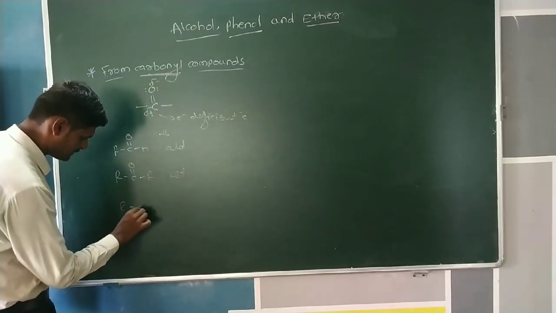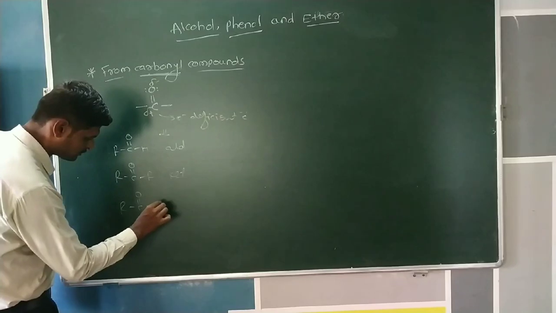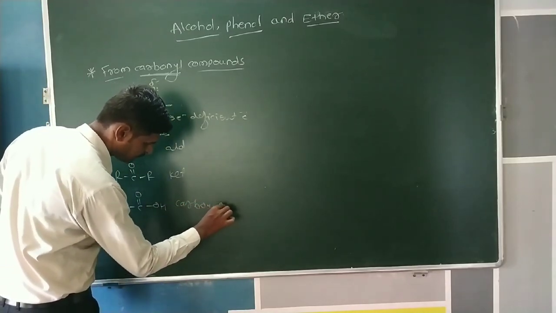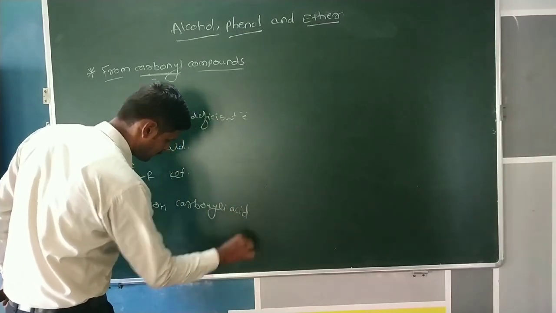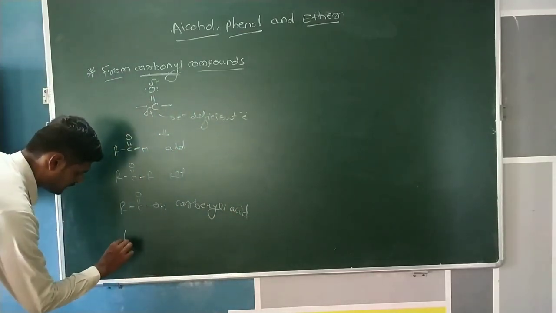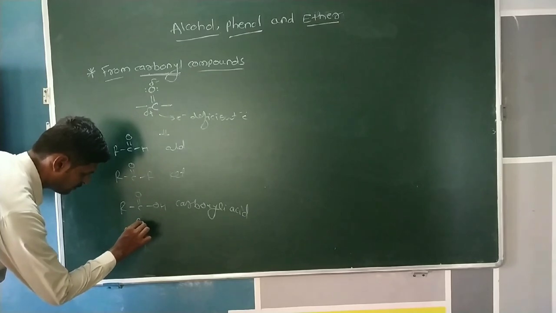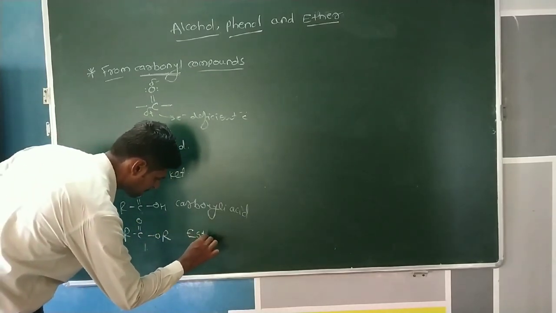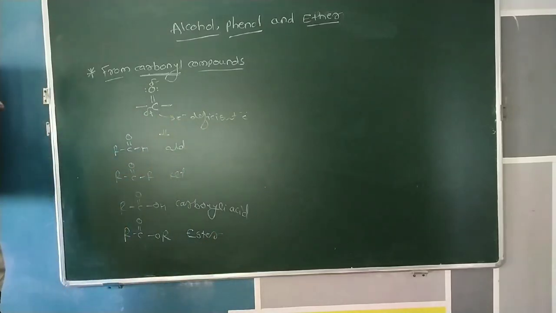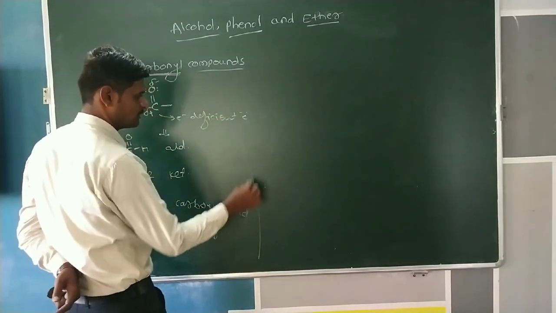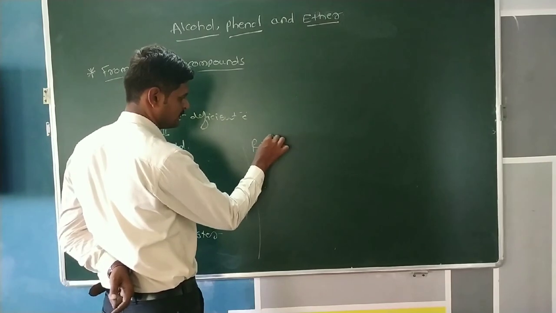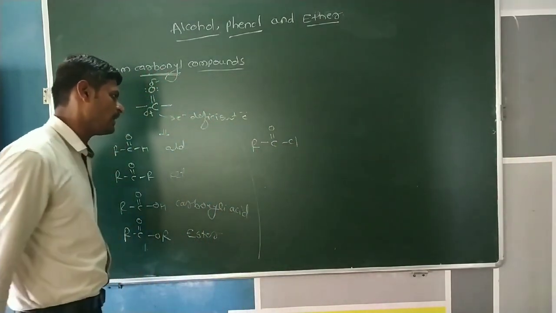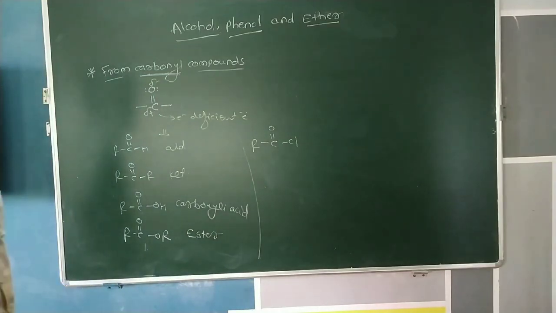Third one is RC double bond OH; it is a carboxylic acid. Next one is RC double bond OR; it is an ester. Next one is C double bond OCl; it is also known as an acyl chloride or acyl halide.